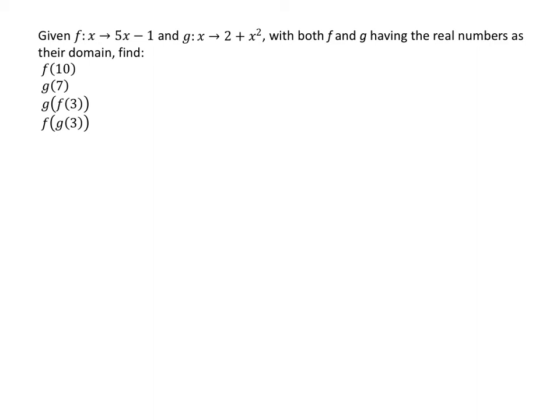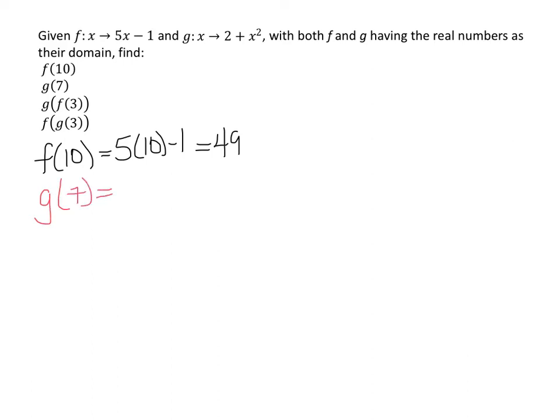So for the first one, f of 10, what that tells me to do is put 10 in place of x. G of 7 means go to the g function and put 7 in place of x.